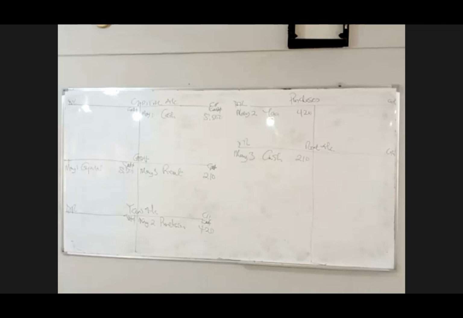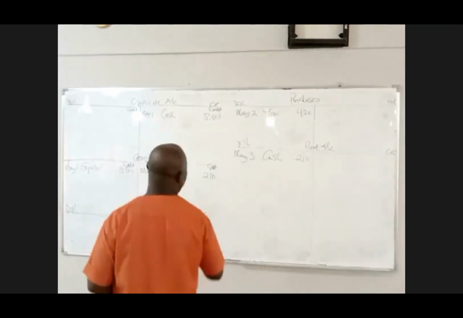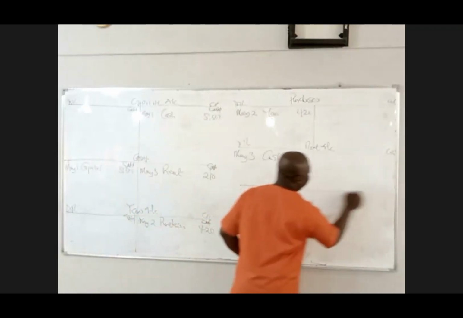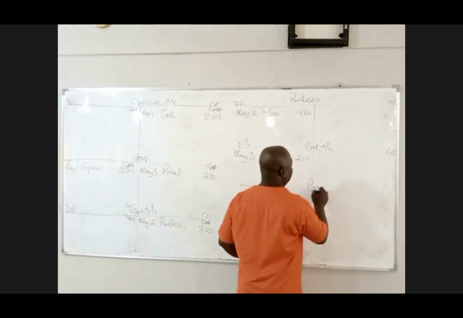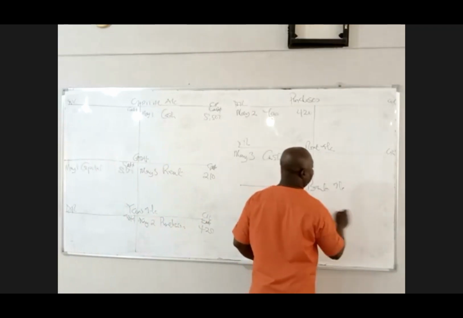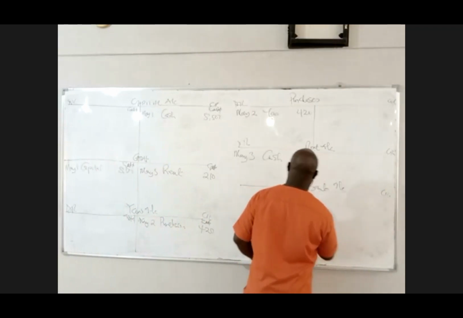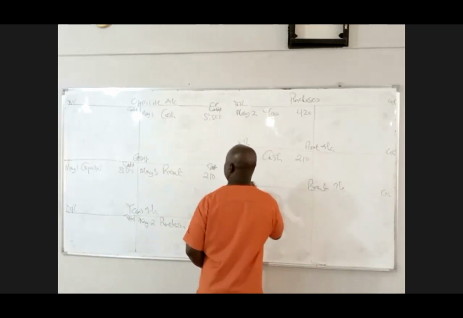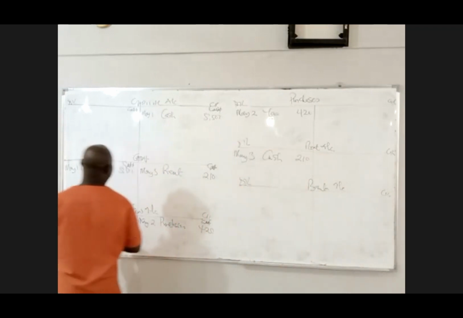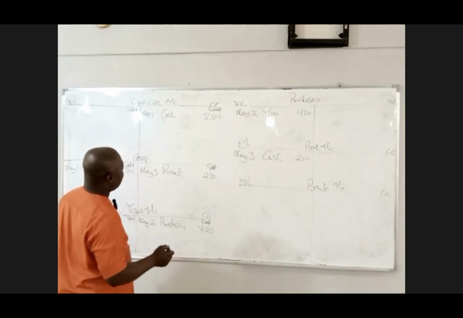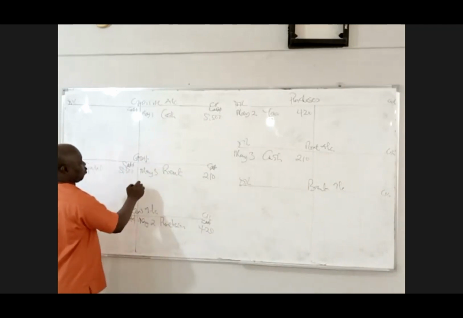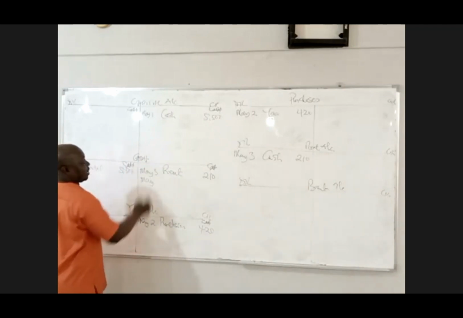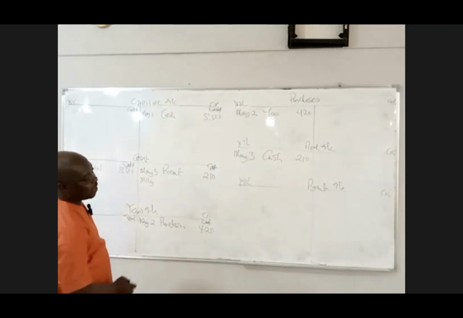Good. So, we open bank account. Credit, debit. What do we do here? Our cash account will be credited. Which date is that?